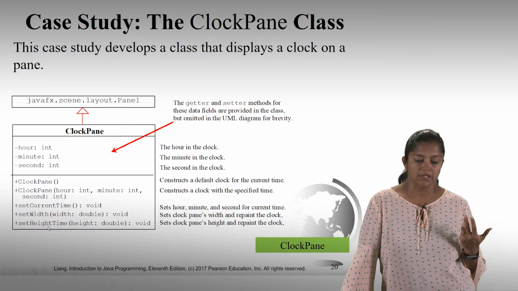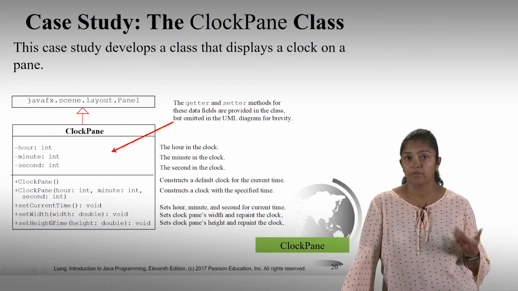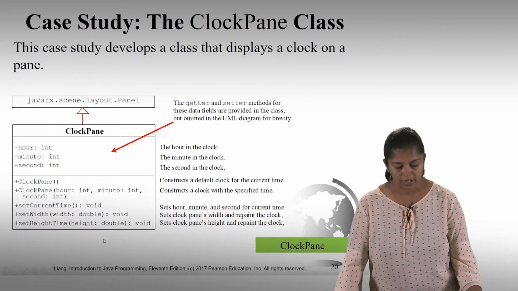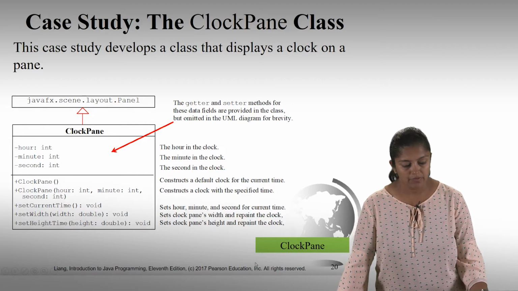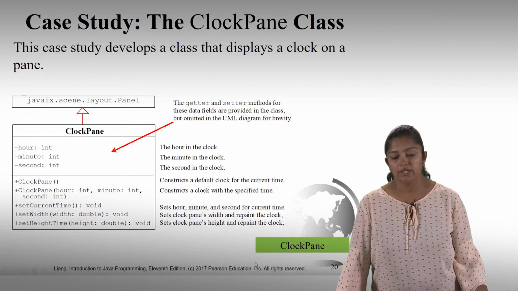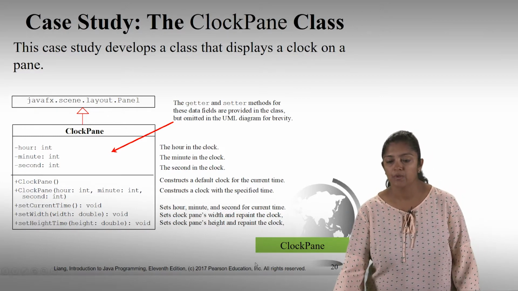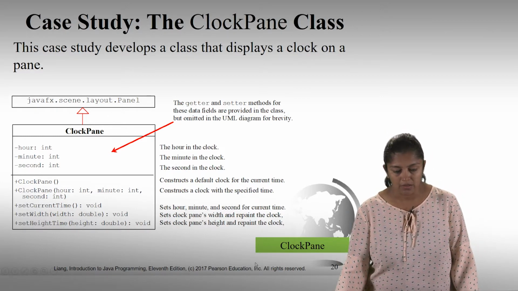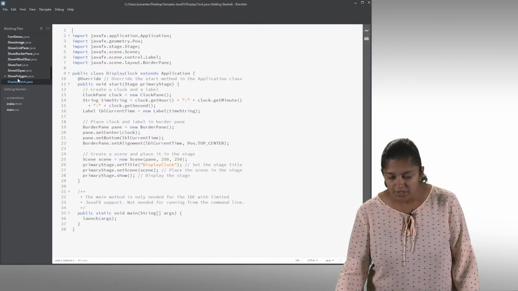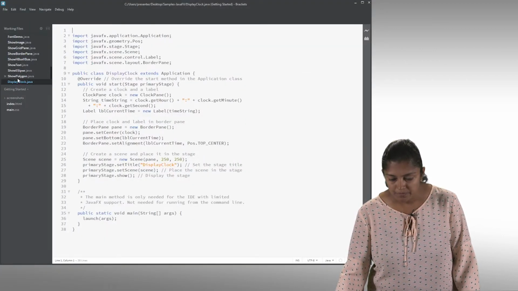You can set the width and the height of the pane, and then provide it with a current time. And once the clock pane is created, we use that pane to display a clock. So I'll show you the display clock program, which in turn uses the clock pane.